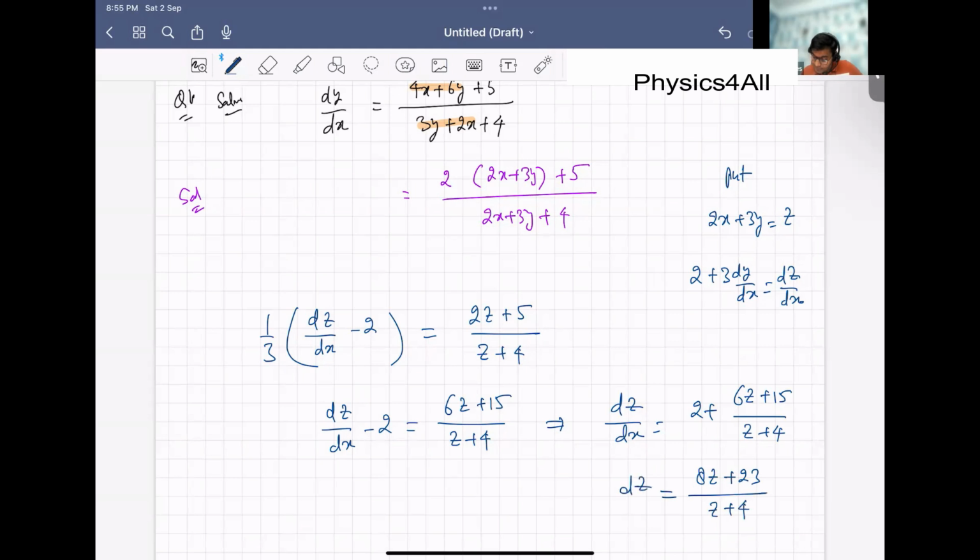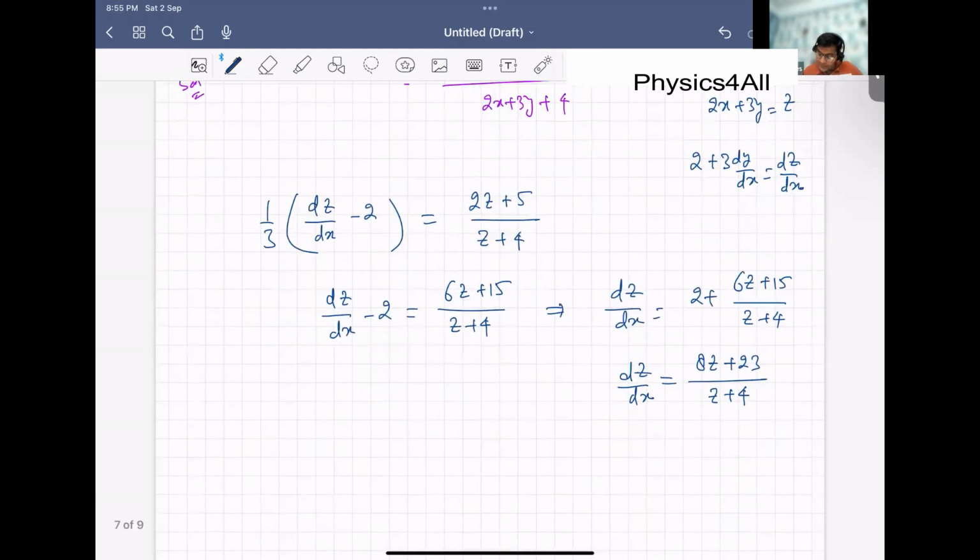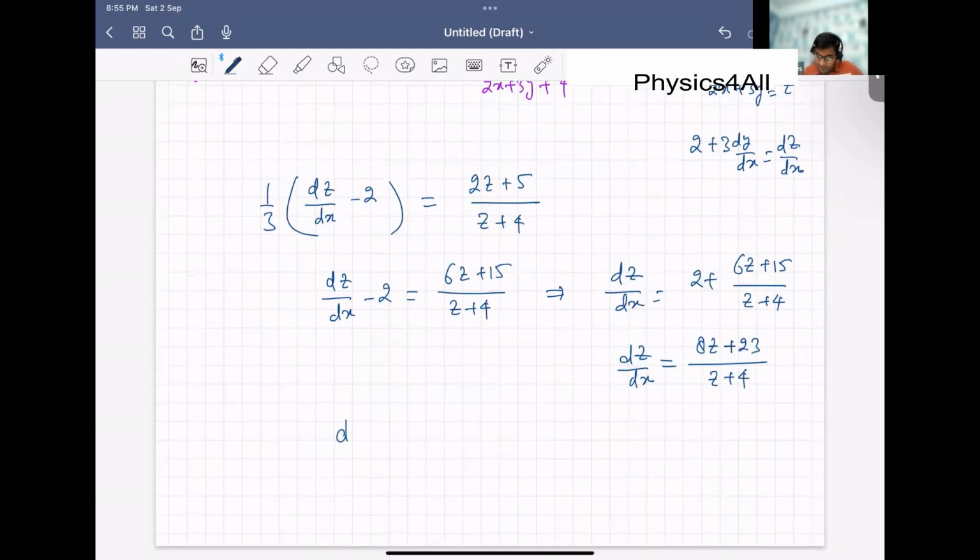So z plus 4 by 8z plus 23 dz is equal to dx. So now I have to integrate it and find out the solution. Okay, so our job is to integrate it now, right? How to integrate it and how to find out the solution of it.